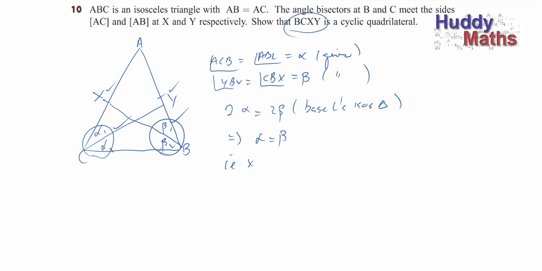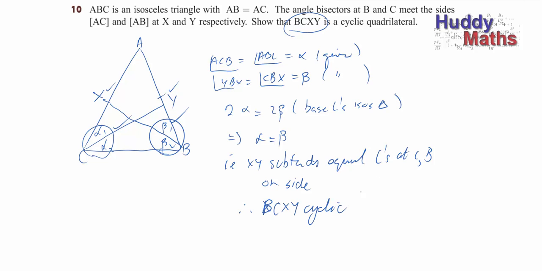That is, XY subtends equal angles at C and B on the same side. Therefore BCXY is cyclic, and that's the reason there, as required. So this time we've actually been able to spot two angles sitting on that side XY, not the cyclic idea then. Okay, so how are you going?